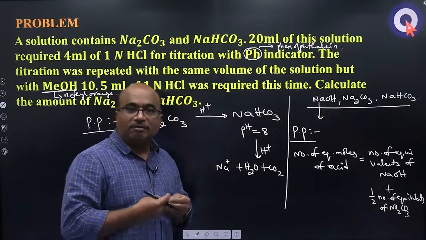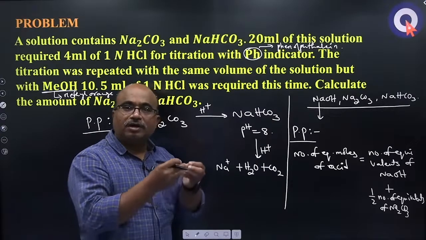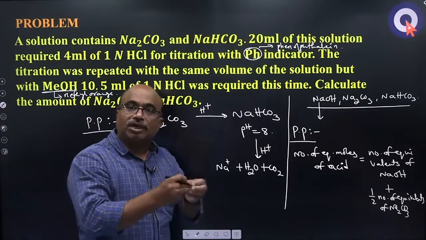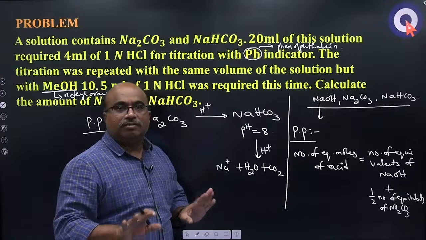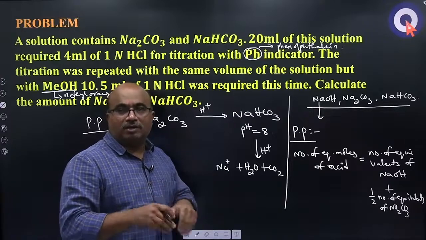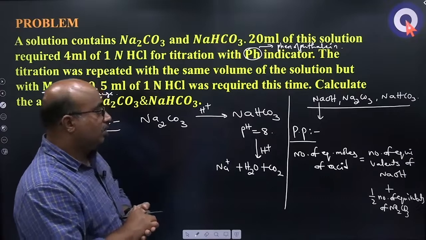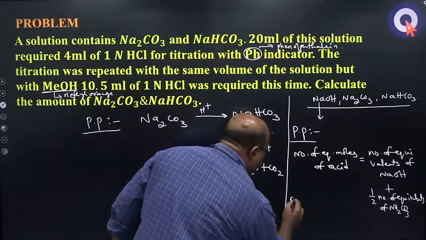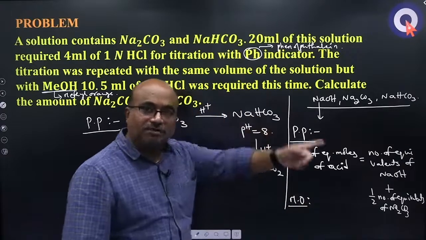So the number of equivalents of acid will be equal to the number of equivalents of NaOH plus the number of equivalents of Na2CO3 by 2, because only half of that is neutralized. For complete neutralization we require, let us say, like 2. So when you add phenolphthalein first and later add methyl orange, sodium hydroxide is already completely neutralized.